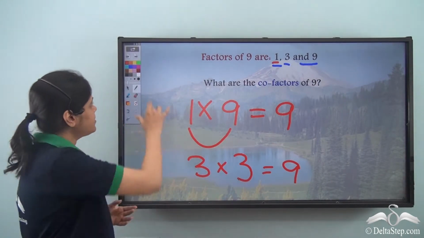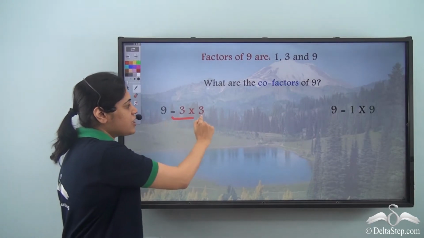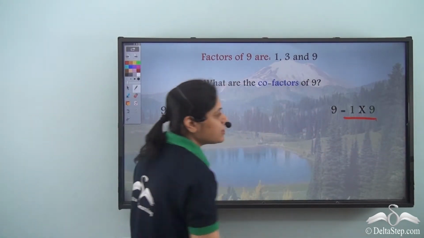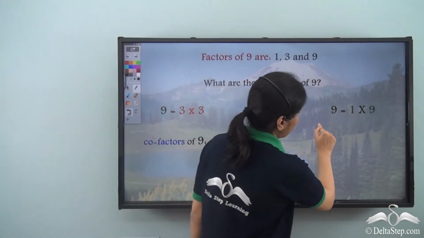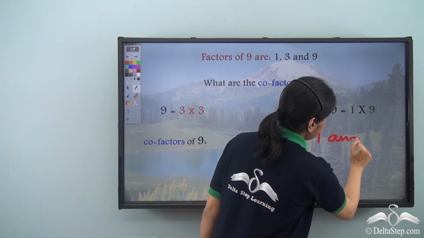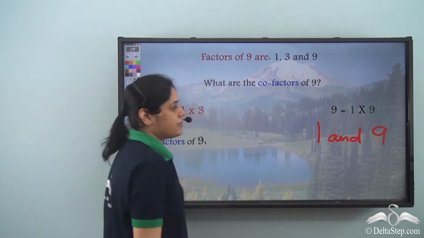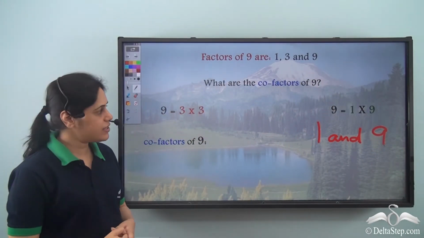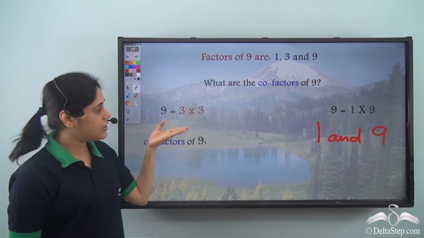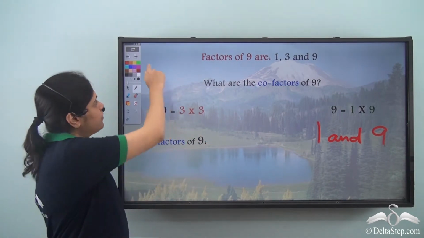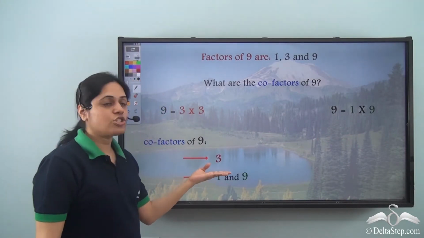So how do I write this? 9 is 3 into 3 and 9 is 1 into 9. Now what are the cofactors? So 1 and 9 gives me one pair of cofactors. What about this? What should I write here? Is it 3 and 3? It's not.